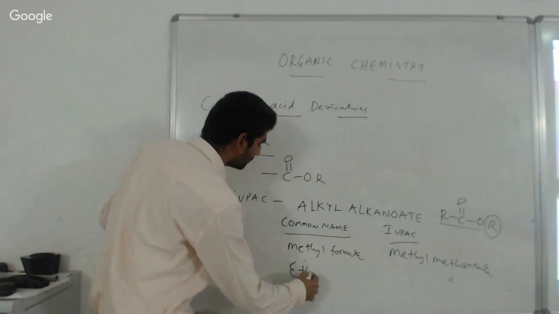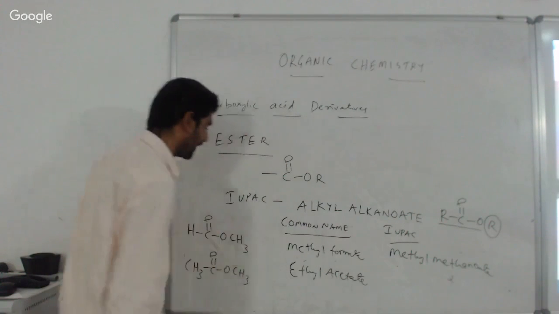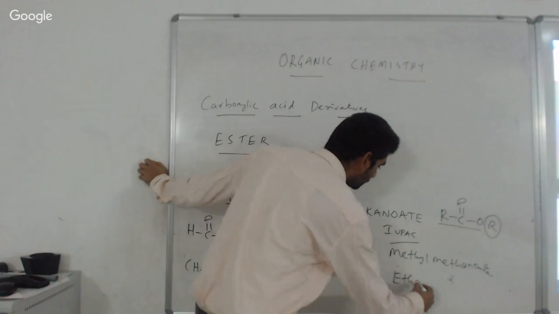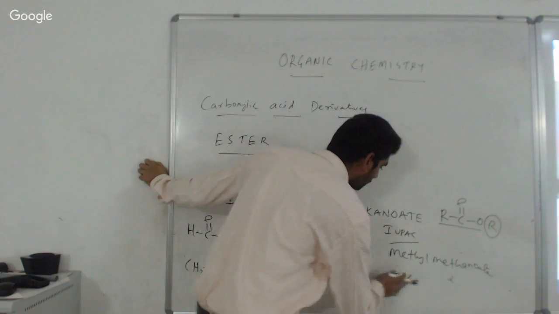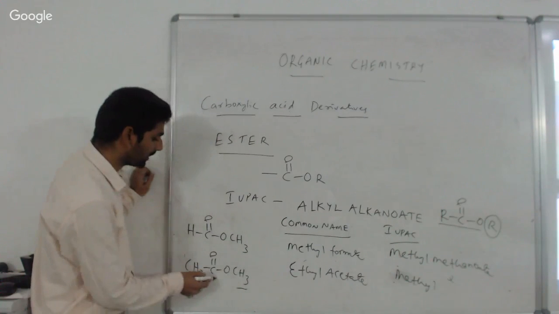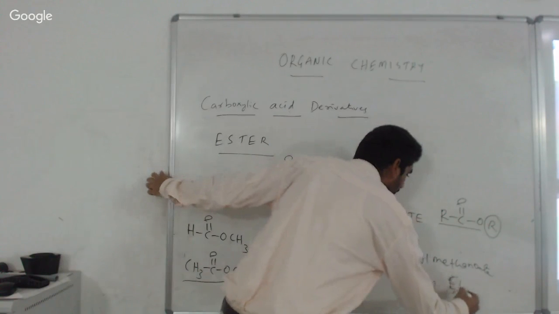Ethyl acetate is the common name. The IUPAC name is ethyl ethanoate. Here ethyl, and how many carbons are there in the acid part? Two carbons, so here we get ethanoate.